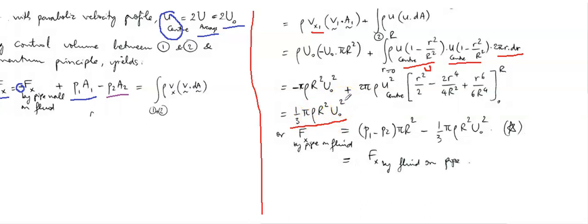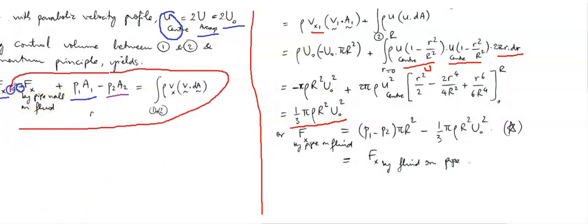So once we have this, we can just have a look here. We know the negative Fx, this is the force by fluid, and this P1 A1 minus P2 A2 equals this. So what we can do is some simple simplifications, because what we actually need is this Fx, the force.